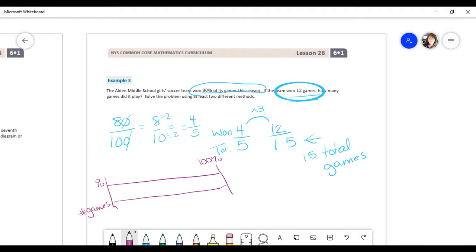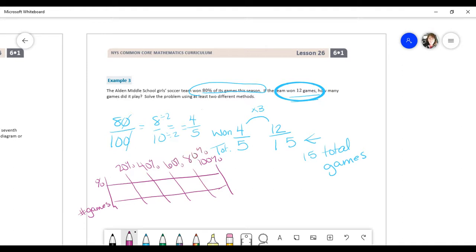Well, I see that we know that 80% was 4 out of 5. So if we cut this into 5 pieces, so that's 4 cuts. So right here, we have to count this by 20 because there's 100 divided by our 5 pieces. 40, 60, and our 80.